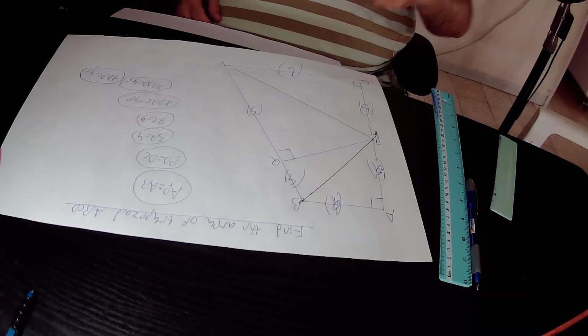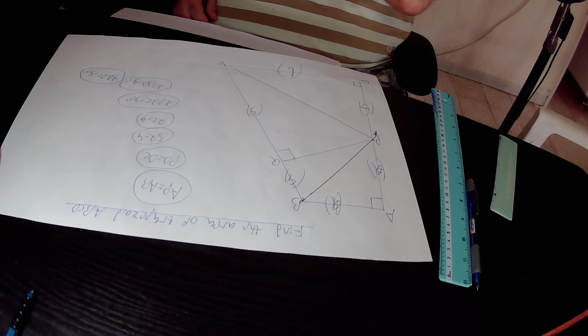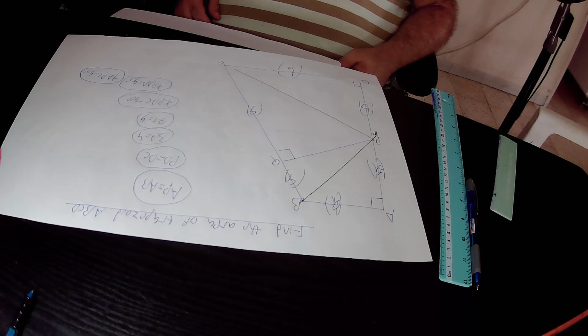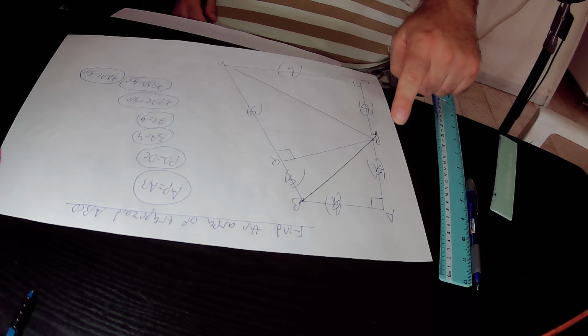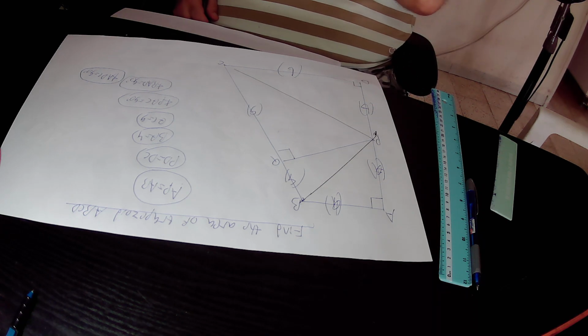By joining points P and B, we created the small right triangle APB. The right triangle APB is also an isosceles triangle because AP equals AB.